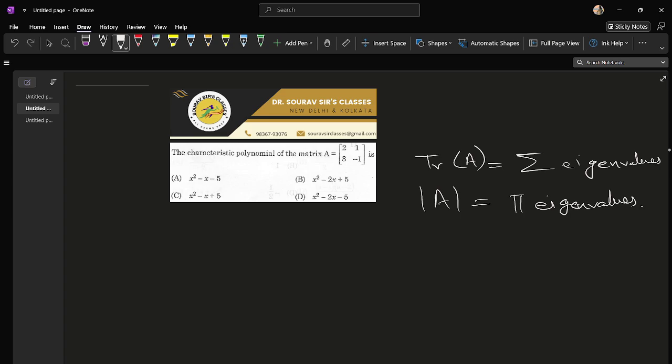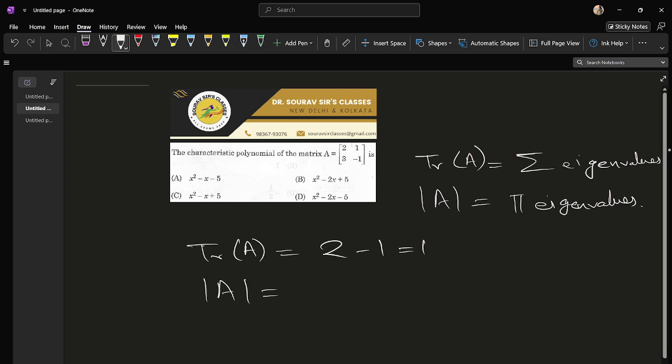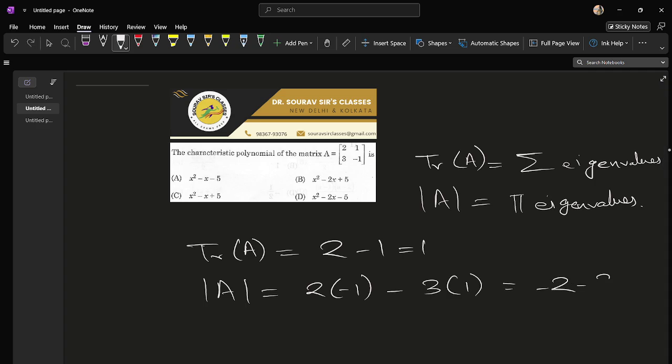Our trace of A is equal to 2 minus 1, which is 1. And our determinant of A should be 2 into minus 1 minus 3 into 1, so that will be minus 2 minus 3, which is equal to minus 5.